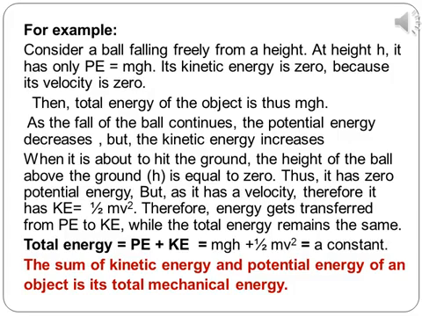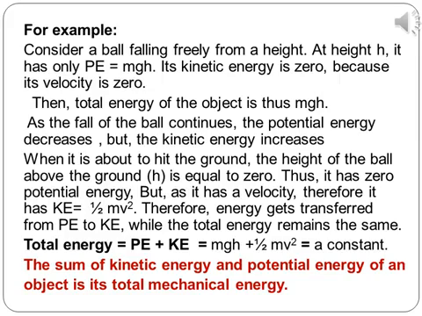Its kinetic energy is equal to 0 because its velocity is equal to 0, since kinetic energy KE is equal to 1/2 mv². Then the total energy of the object is equal to mgh.